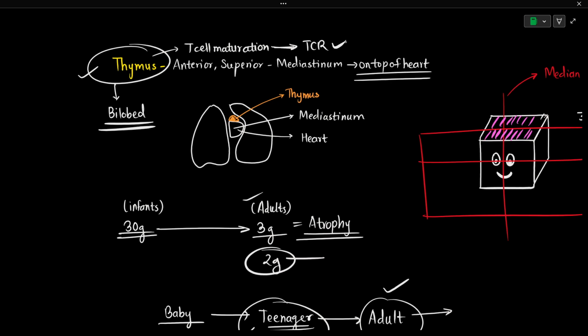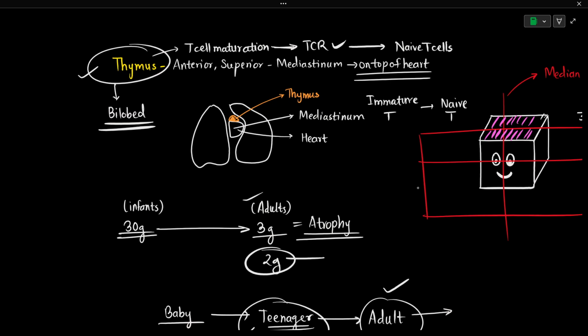So T cell receptors will be present on the T cells when they are in the thymus, but this T cell hasn't been exposed to any kind of antigenic interaction, and that is why these T cells are known as naive T cells. So, in short, in the thymus, which is a school of T cells, the thymocytes, the immature T cells, get converted into naive T cells.